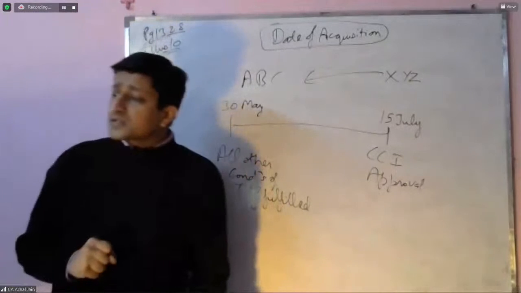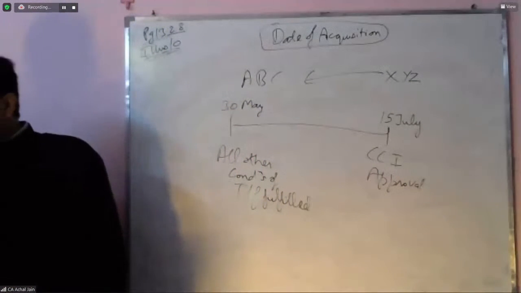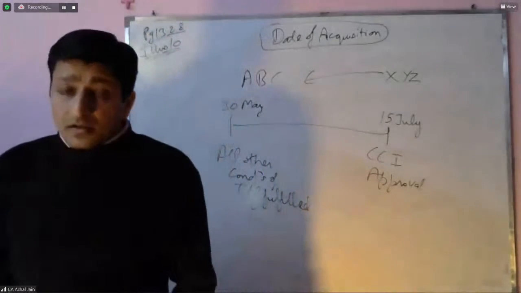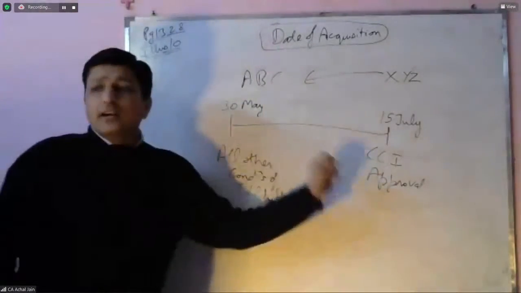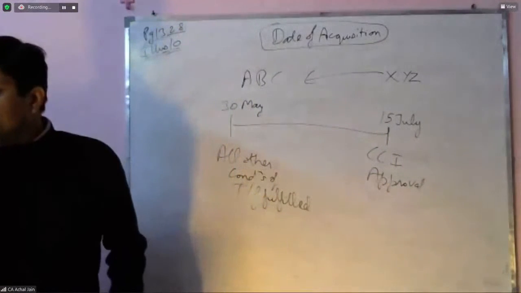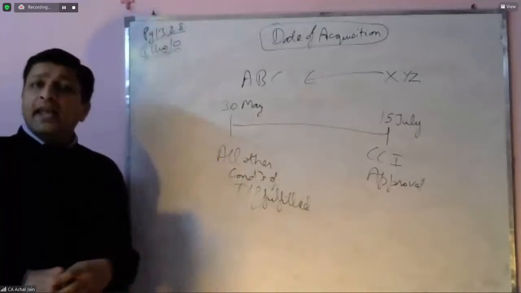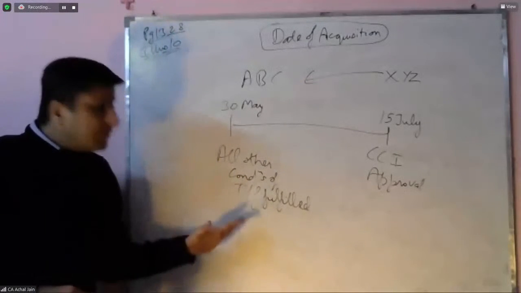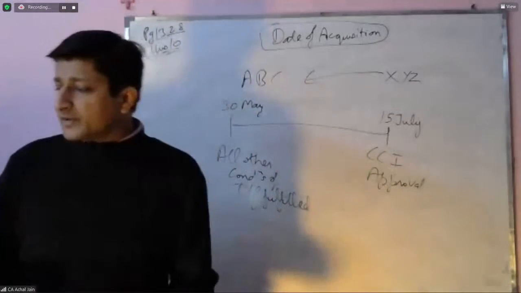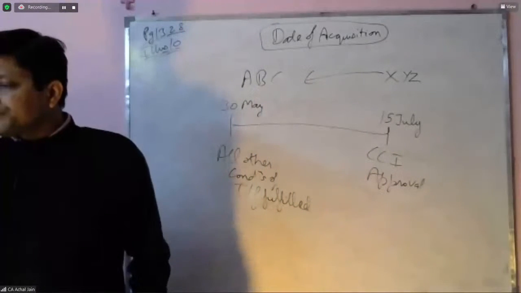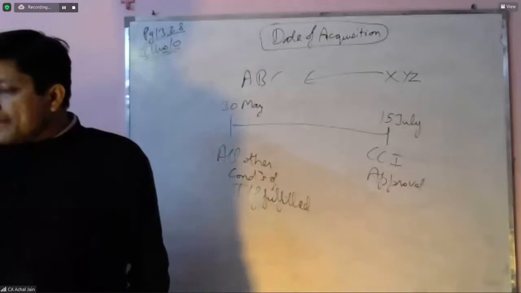Kaustav has answered this. Kaustav is saying, because the CCI approval is substantive, hence the date of acquisition should be the date of approval of CCI. That means Kaustav is saying this date cannot be the date of acquisition, even though all other conditions are fulfilled on this date. What about others?